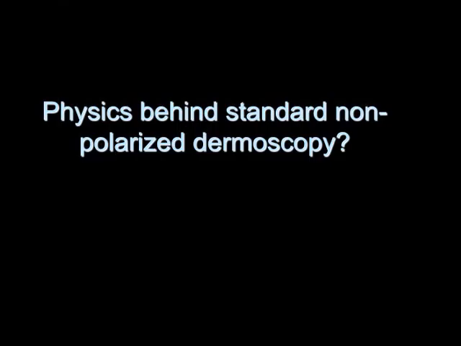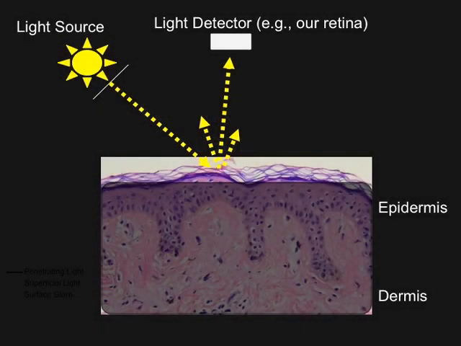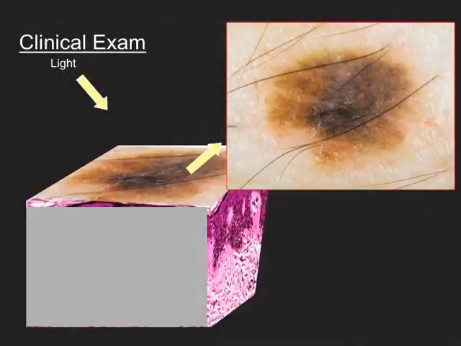The physics behind it is as follows. Light hits the stratum corneum, and almost all of it bounces back, and you don't see anything below that level, and that gives you your clinical image.